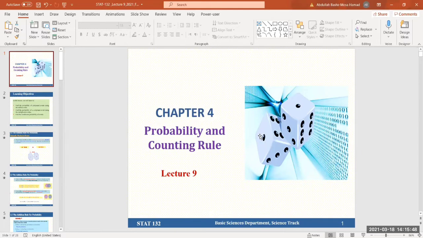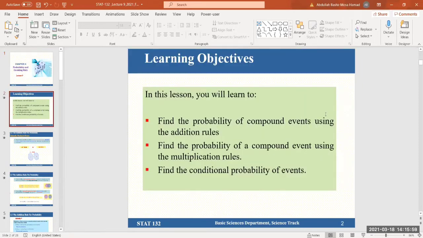Today, we are going to discuss a little bit more advanced probability, lecture 9. By the end of this class, students are supposed to learn how to find probability of compound event, but now we are using the addition rule. Last class, we learned how to find probability of compound event, but this class, we are going to use addition rules.